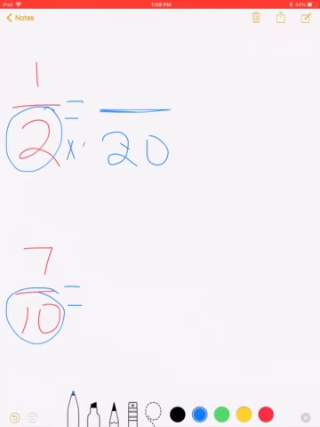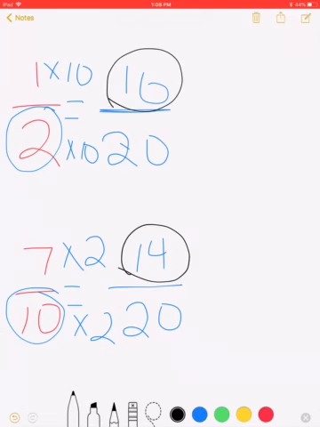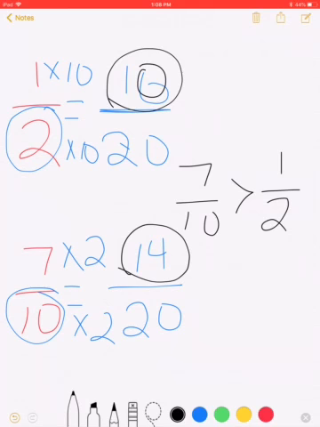So I'm going to multiply this one by 10. Whatever I do to the bottom, I have to do to the top. And same on the bottom, but I want to get the denominator of 20, so I have to multiply by 2. Now when I look, they have the same denominator. So I can see that 14 is greater than 10, so I would say 7/10 is greater than 1/2.